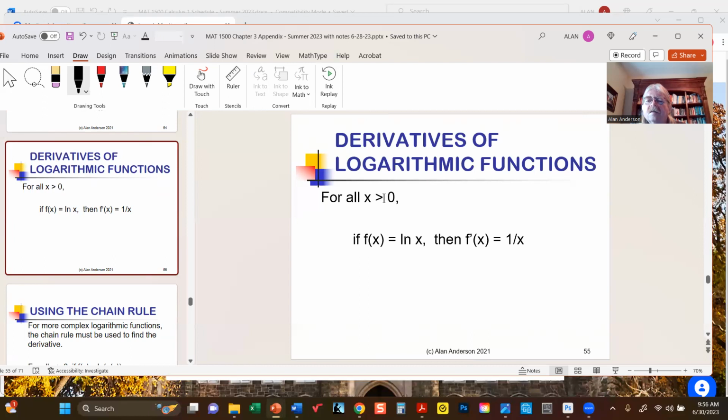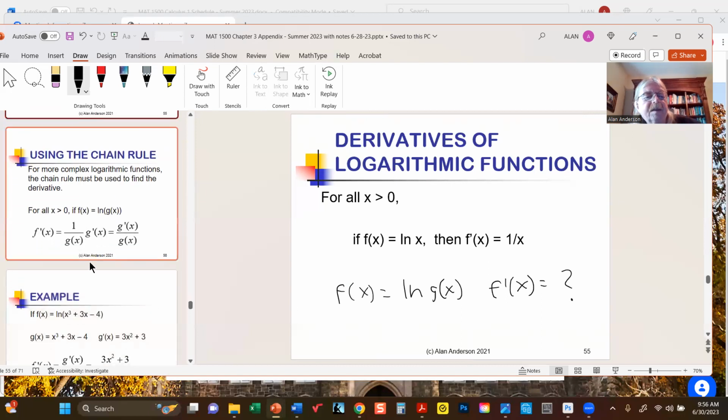Now, what do we do about functions of x? In other words, what if instead we had something like this? Well, as you can probably guess, we're going to use the chain rule. And you could probably even imagine what it's going to look like.